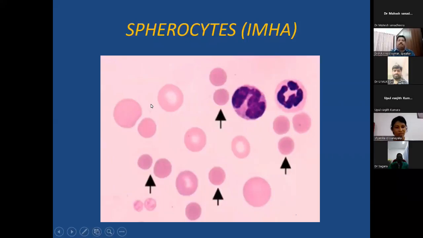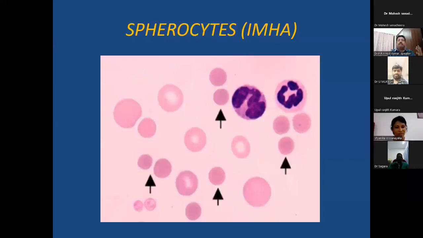So whenever you are thinking about hemolytic anemia or jaundice due to hemolytic anemia in a patient, you will have to think about examining the blood smear for dacryocytes and spherocytes, so that if you find any of these, you can say that it is IMHA. These are all tests which we can use in the field.